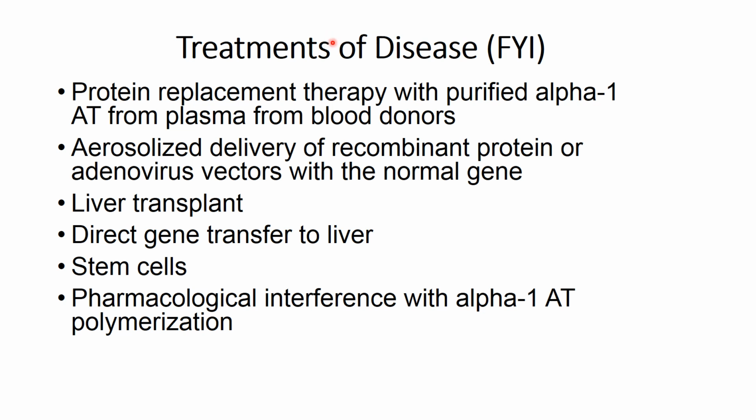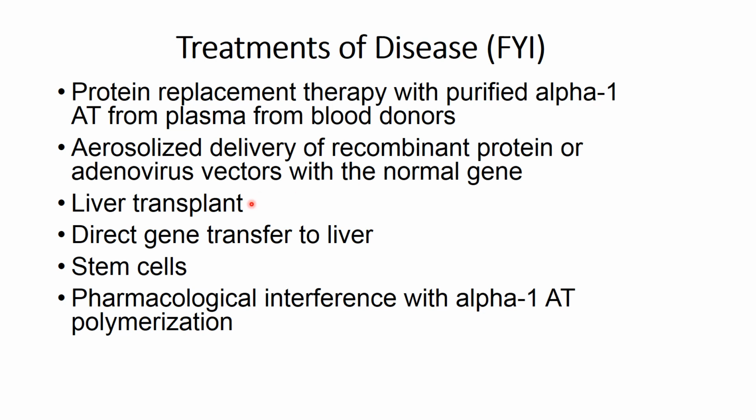How can you treat the patients? Again, it is for your information only. Protein replacement therapy is known, either normal purified alpha-1 antitrypsin from normal donors, or recombinant protein, which is also available to be given to patients with alpha-1 antitrypsin deficiency to inhale and save the lung.